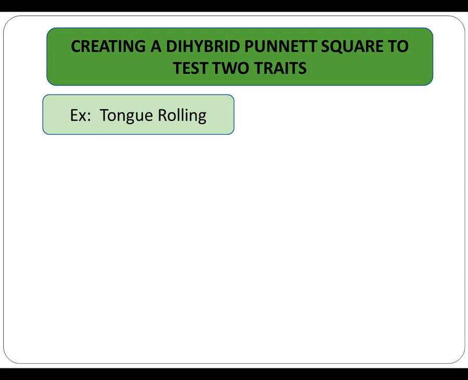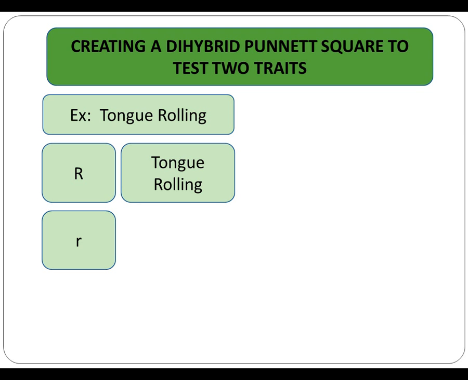We're going to do a scenario. We're going to look at two genes in the human. The first trait we're going to look at is tongue rolling. So on your handout, trait number 1 is going to be your tongue rolling ability. We'll just use the letter R for the ability to roll your tongue, and that'll be a dominant trait.